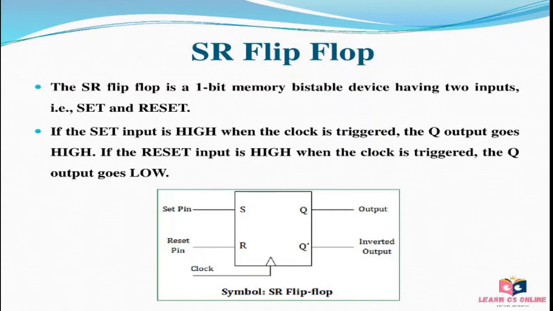If the set input is high when the clock is triggered, the Q output goes high. If the reset input is high when the clock is triggered, the output goes low. The symbol for the SR flip-flop is shown in this slide.